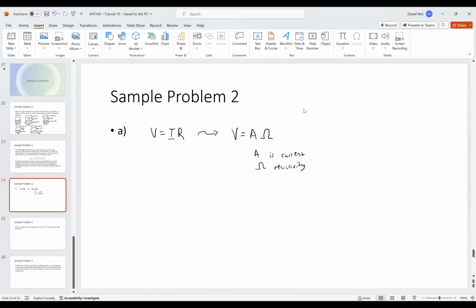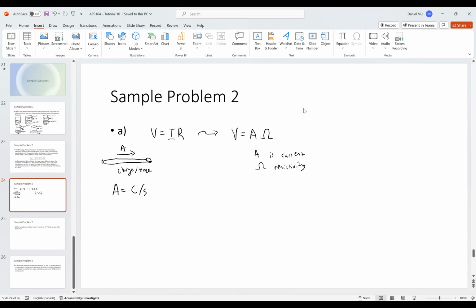And then if we think about, let's say, a wire, and we have our current going across, if we think about the units, we have a charge going across per time. So the units of current are coulombs per second.